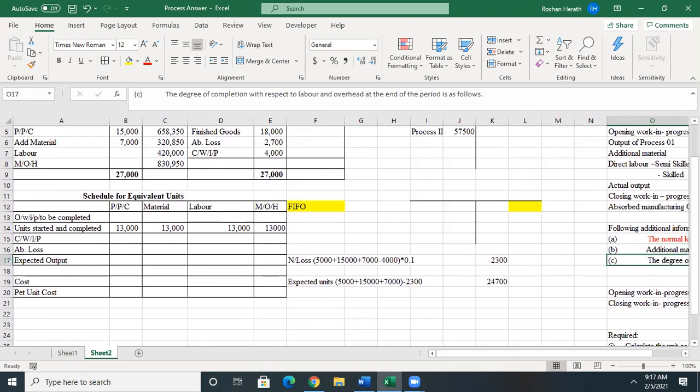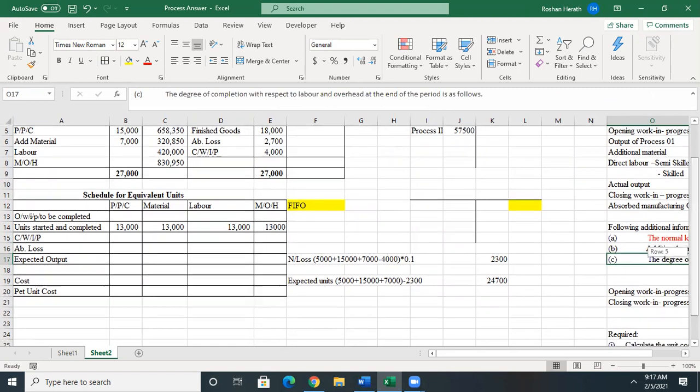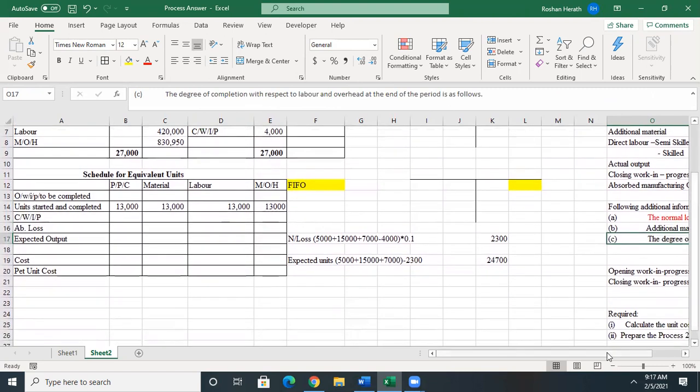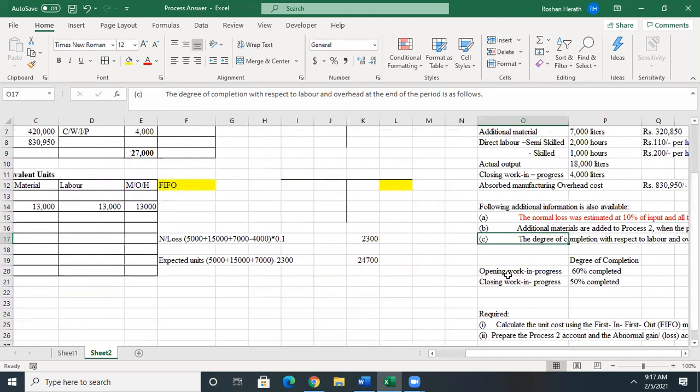Then it says that the degree of completion with respect to the labor and overhead at the end of the period is as follows. Opening WIP 60% completed with respect to the labor and overhead.